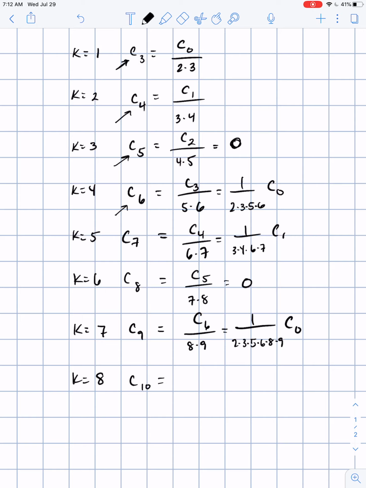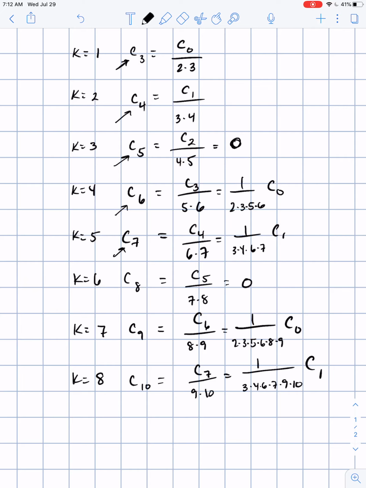So here we have when k is 8, you have c sub 10, c sub 7 over 9 times 10, same idea, c sub 7, so it's 1 over 3 times 4 times 6 times 7 times 9 times 10, c sub 1.